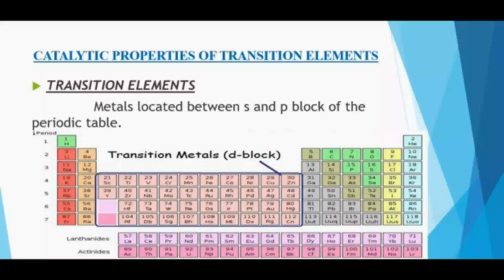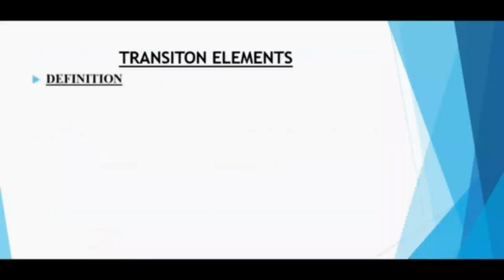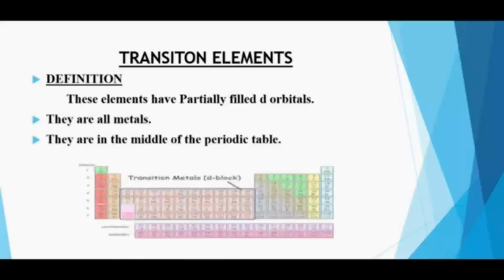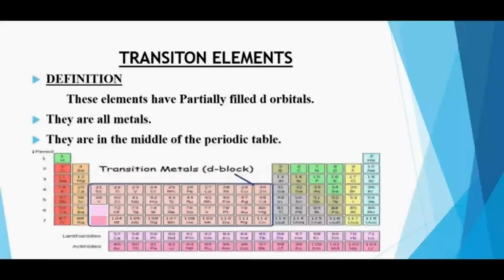Now we are able to define transition metals. Definition: the elements which have partially filled d orbitals are called transition elements. They are all metals and they are in the middle of the periodic table, right in between S and P block.